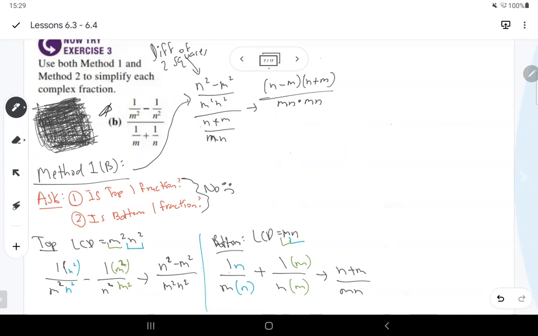We're going to flip the bottom and make it a multiplication, so reciprocal, mn and n plus m. And now we can see items will cancel. So your answer for this one is n minus m over mn. Okay, that is method 1.